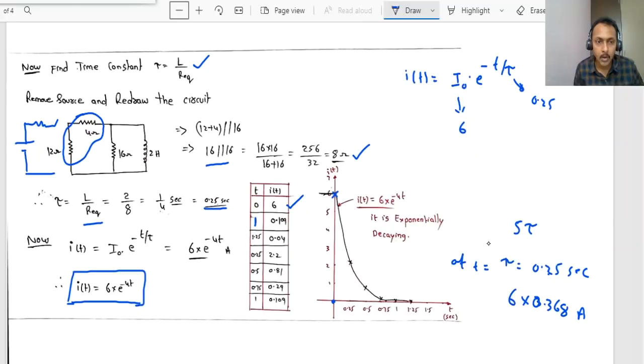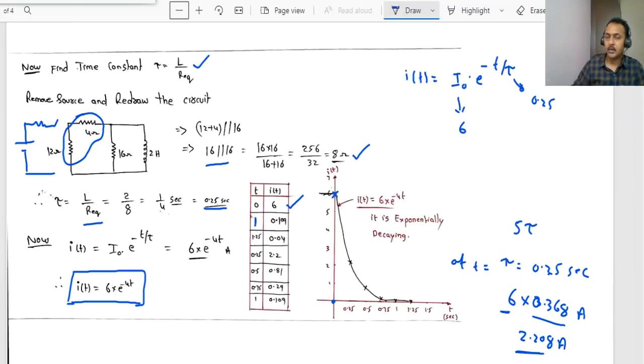In this problem tau is 0.25 seconds, so at t equals tau our magnitude will be 0.368 times the initial value. Initial value is 6. So how much does it become? 6 into 0.368, now it becomes 2.208 amps. Like that we have to understand.